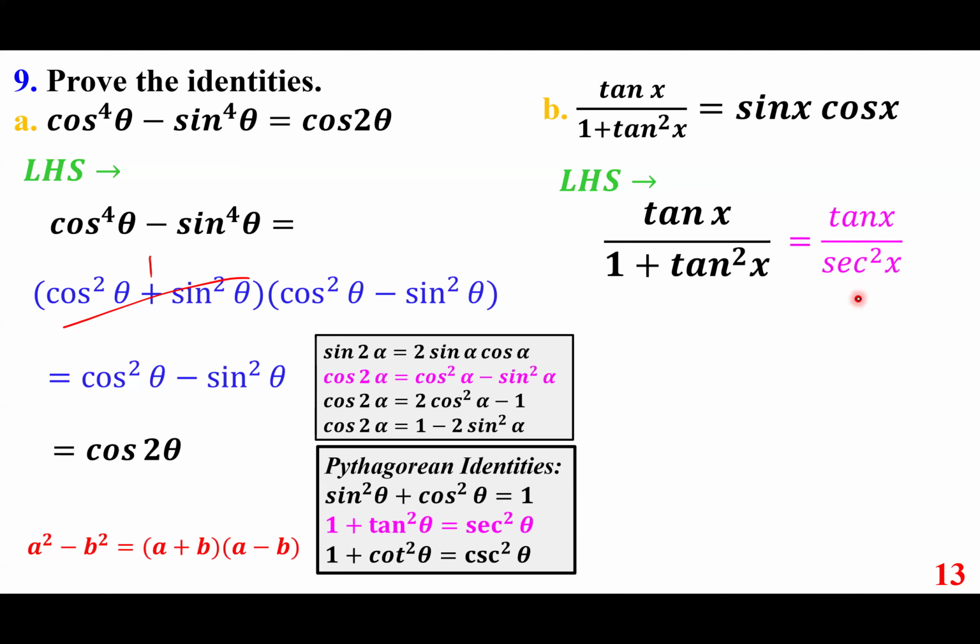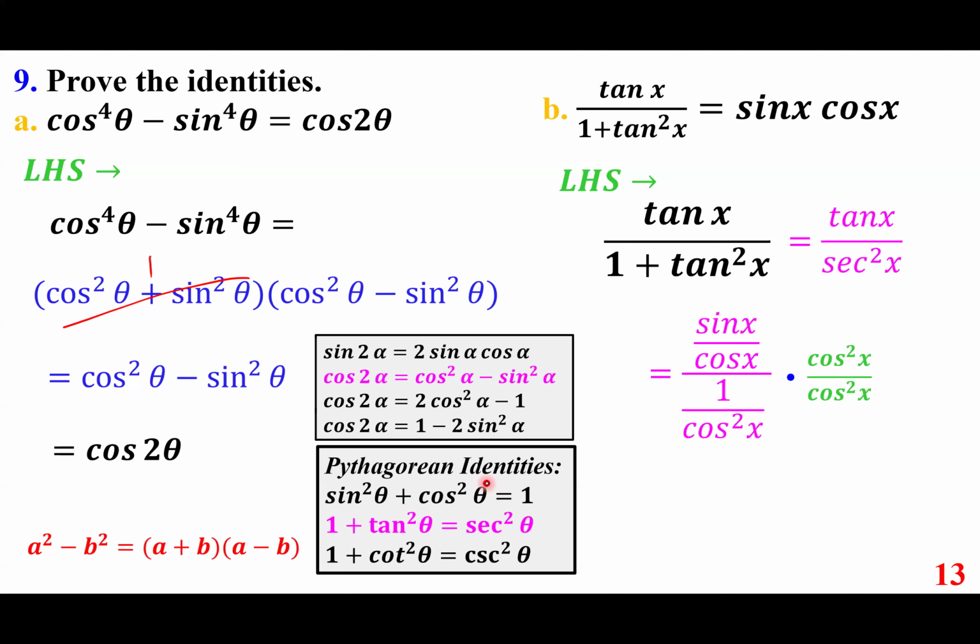So this is sine over cosine. This is 1 over cosine squared. Let's multiply the top and the bottom by the LCD, which is cosine squared. When you multiply these two, you get sine x cosine x.